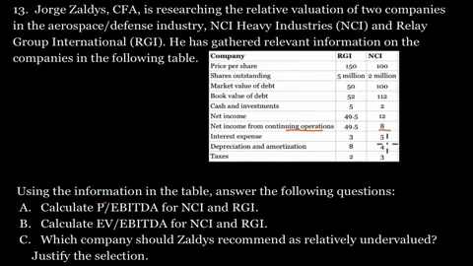So let's go ahead and calculate these for both RGI and for NCI. Let's calculate our EBITDA first. For RGI, it's going to be our net income from continuing operations, 49.5. To that, we will add back our interest expense, our depreciation and amortization, and our taxes, and we will get 62.50. And we're going to need a per share basis now.